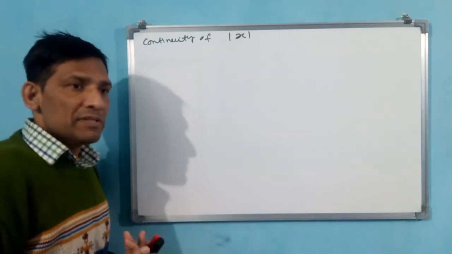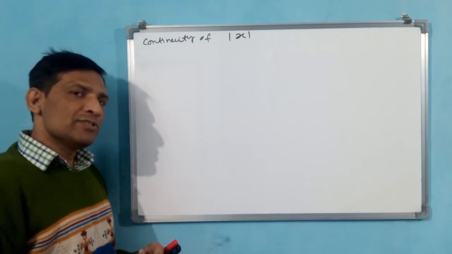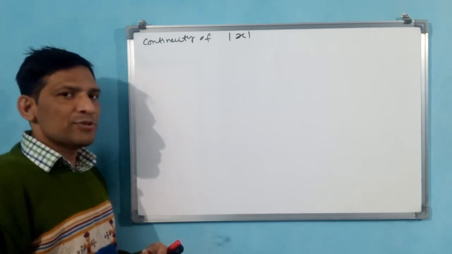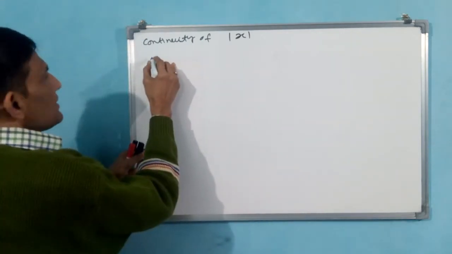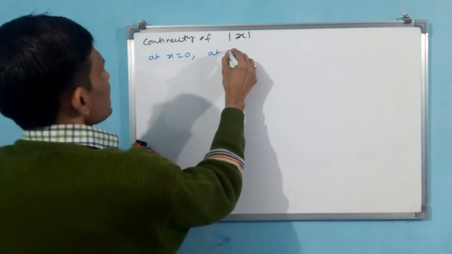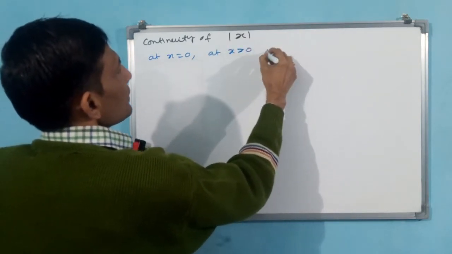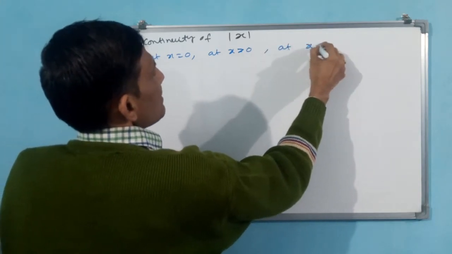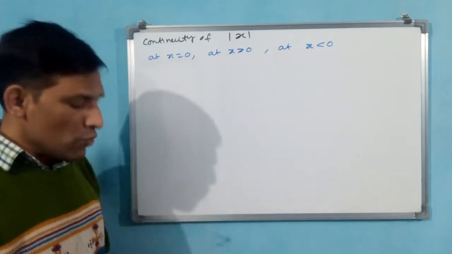We will see continuity of modulus x in 3 cases: at x equal to 0, at x greater than 0, and at x less than 0.